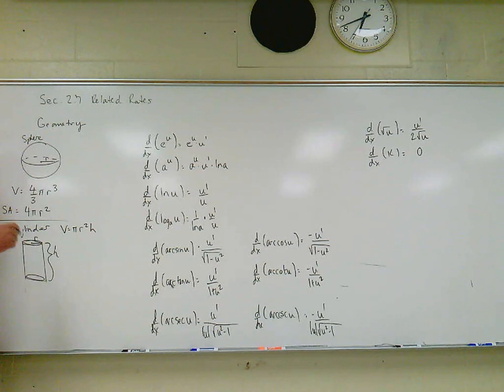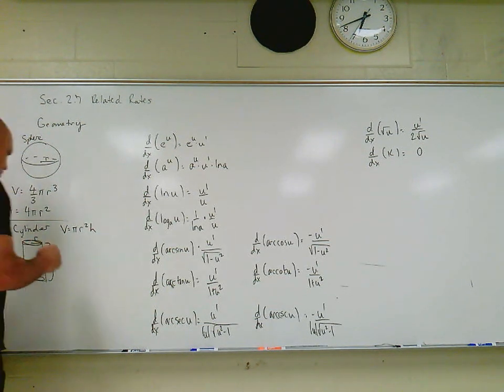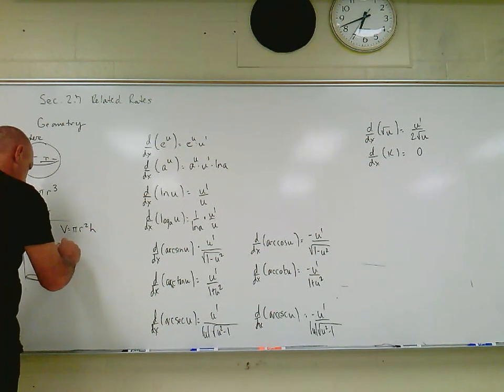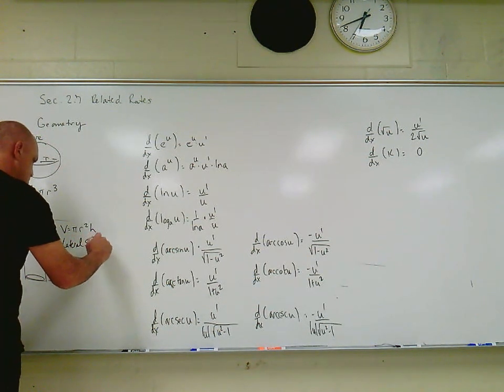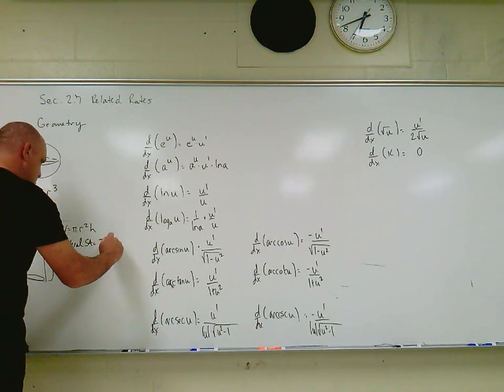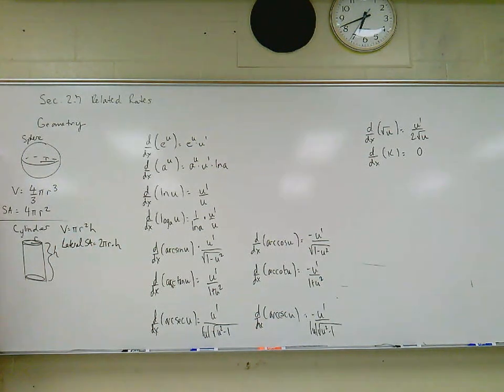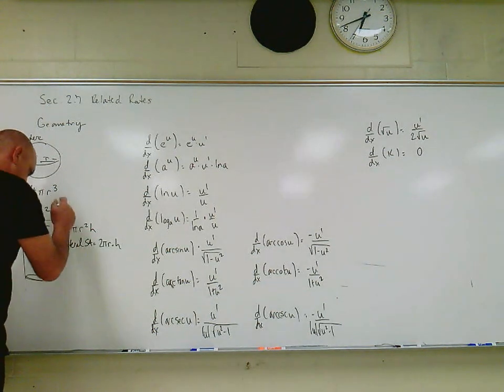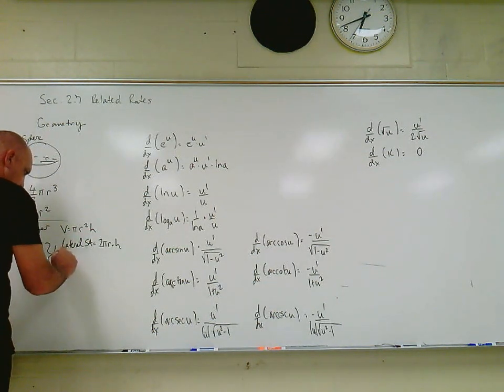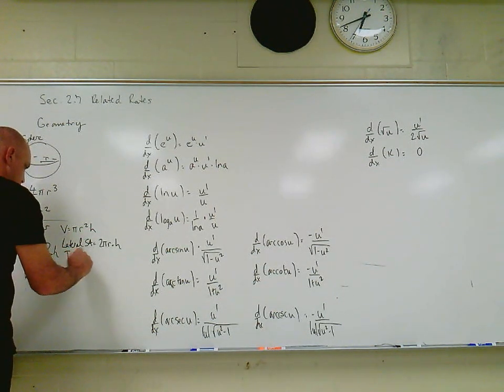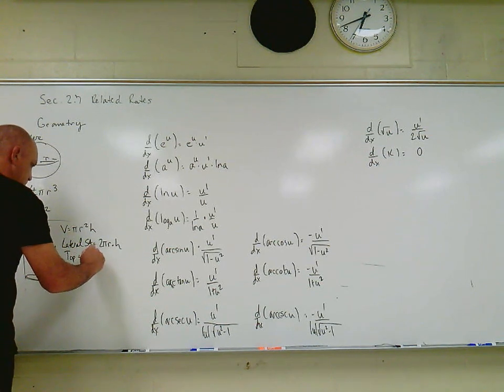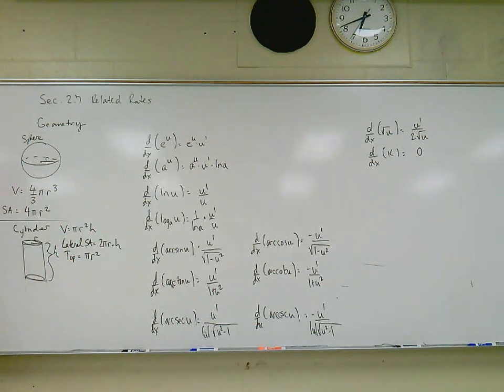The surface area is a bit of a pain. The lateral surface area is 2 pi r times h. You can think about where that came from. And the surface area of the top or bottom is just pi r squared. It's the area of a circle. Okay. All right, I'm going to erase this set now.